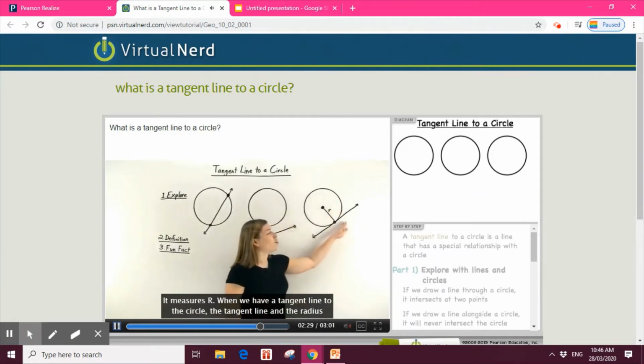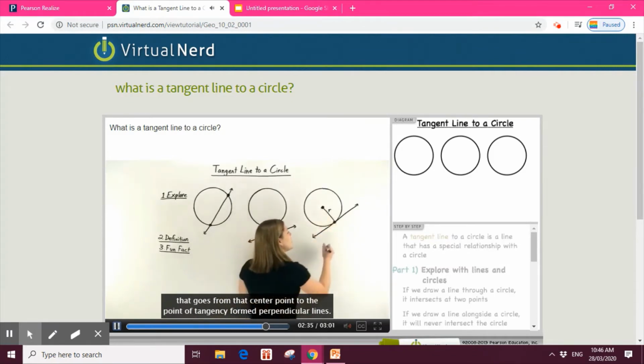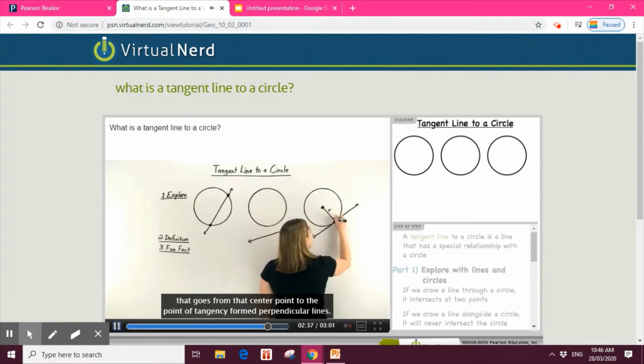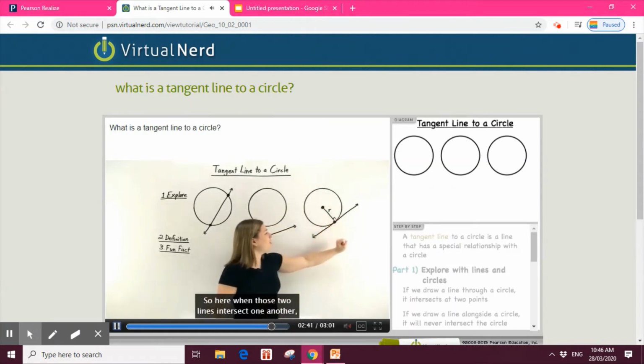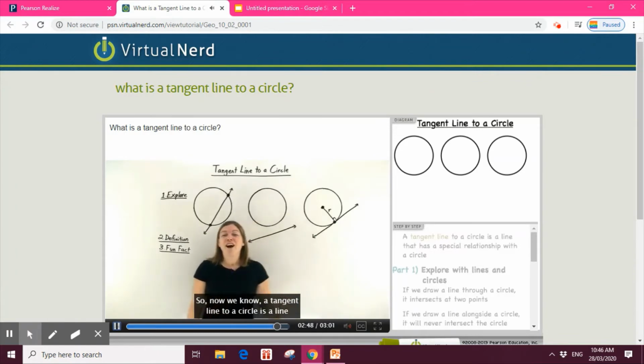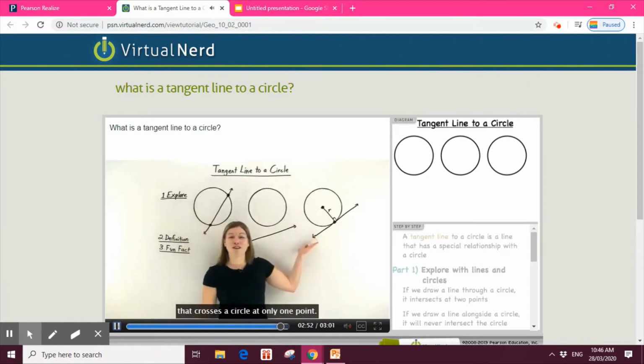When we have a tangent line to the circle, the tangent line and the radius that goes from that center point to the point of tangency form perpendicular lines. So here, when those two lines intersect one another, we get a right angle here and another right angle here. So now we know, a tangent line to a circle is a line that crosses a circle at only one point.